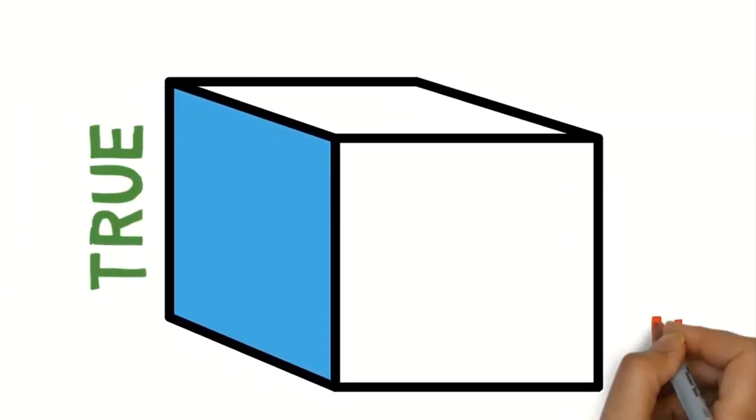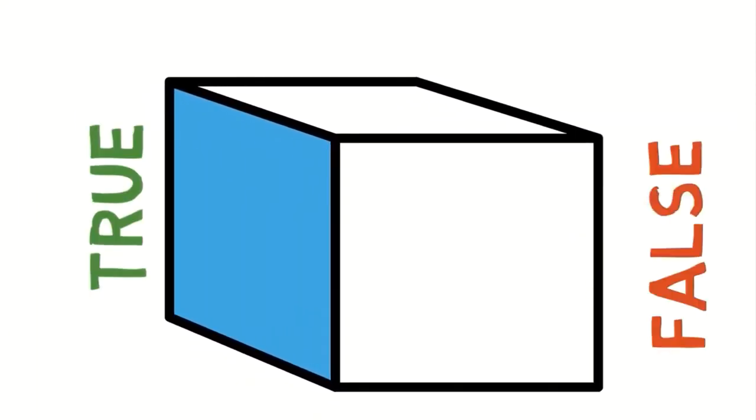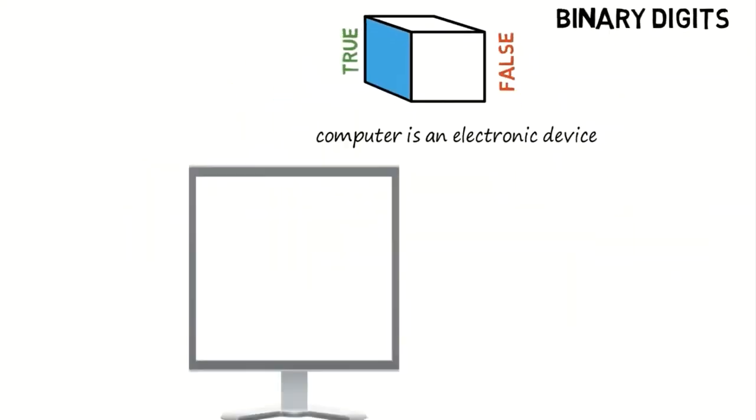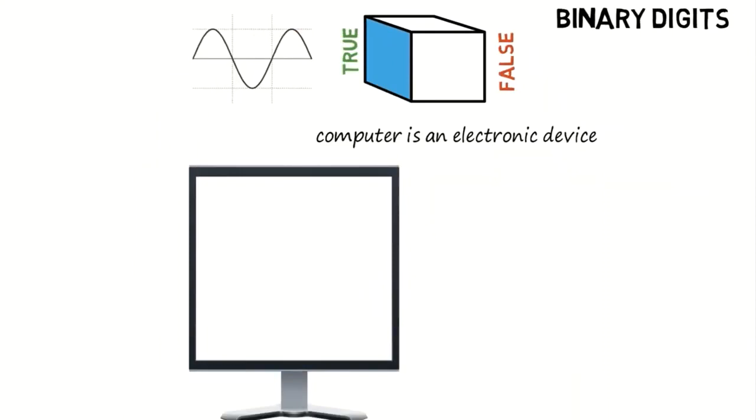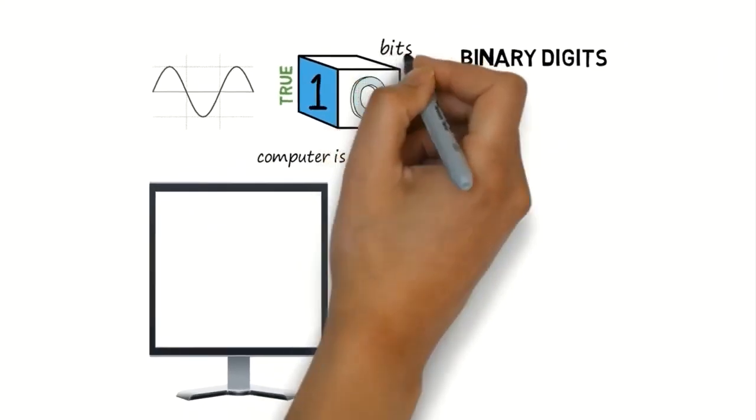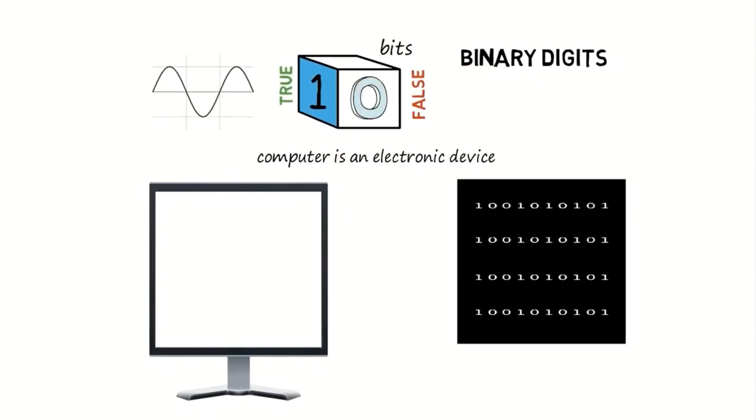But this is exactly what we need for representing the values true and false. In computers, an on state, when electricity is flowing, represents true. An off state, no electricity flowing, represents false. We can also write binary as ones and zeros, known as bits, instead of true and false.